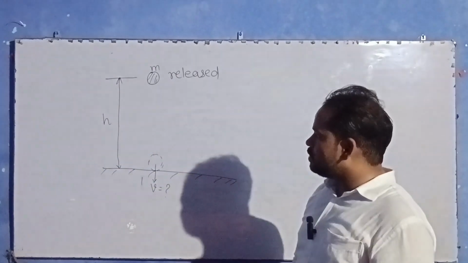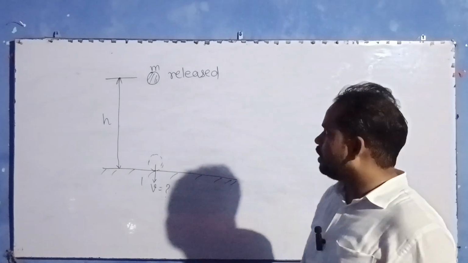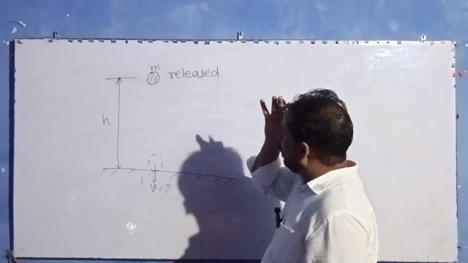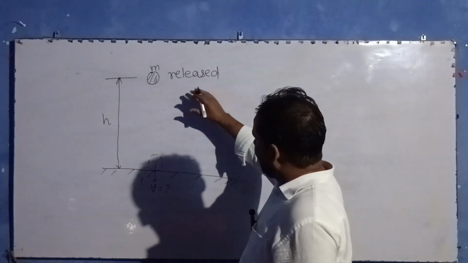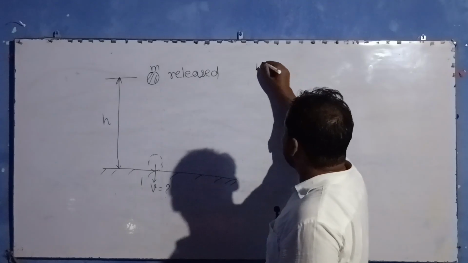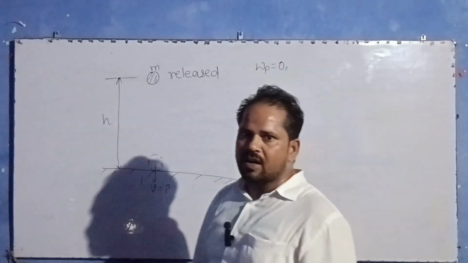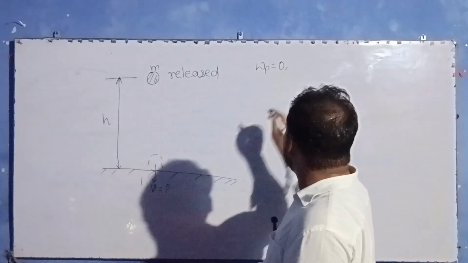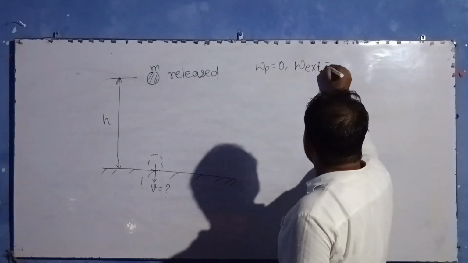Now we can use the work energy theorem to solve this problem. First of all, one by one: is there any pseudo force? No, so work done by pseudo force is equal to 0. Is there any external force? No, so work done by external force is equal to 0.